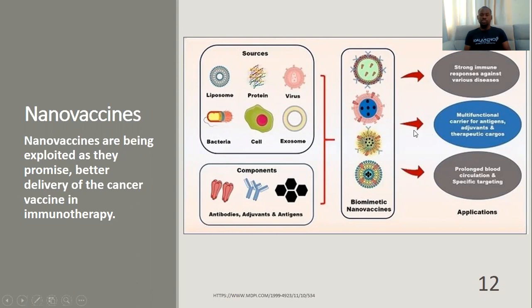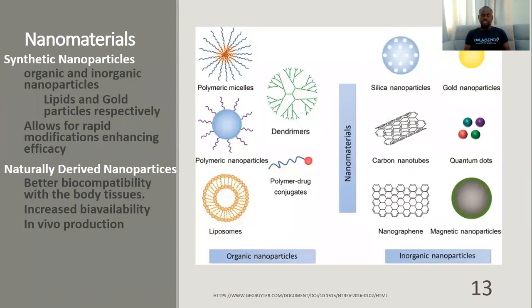So this also allows for a very strong immune response. These are just some of the materials which are used or have been suggested for use when it comes to different forms of nanovaccine formulations.